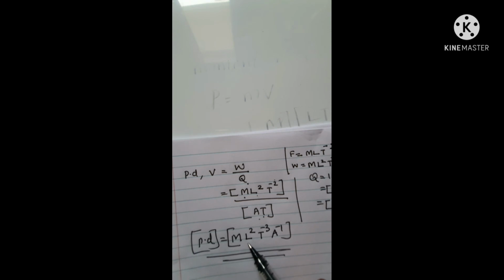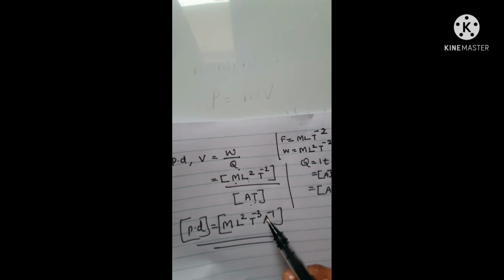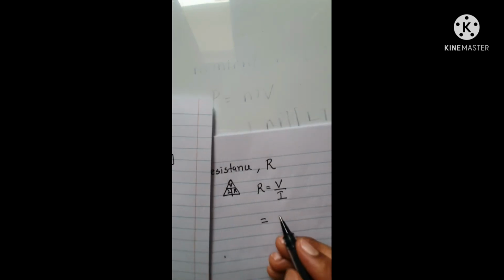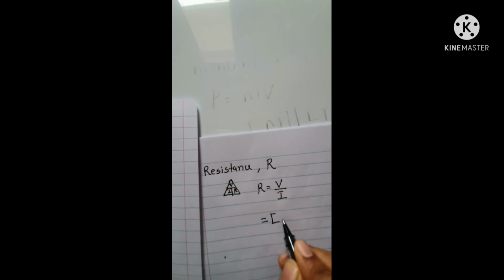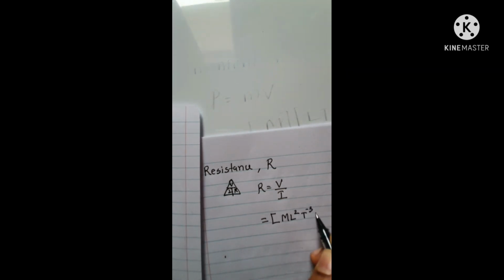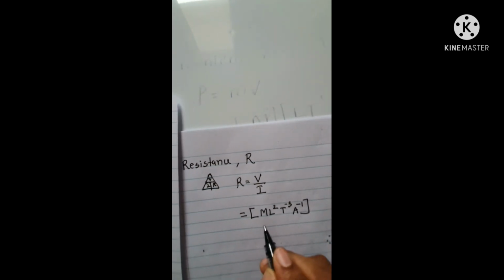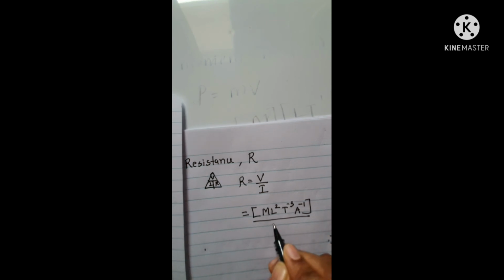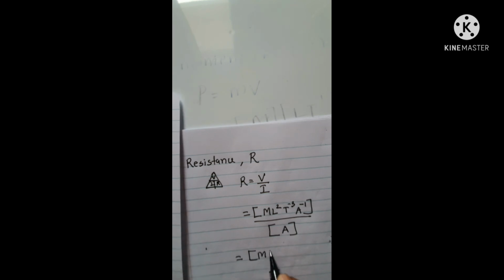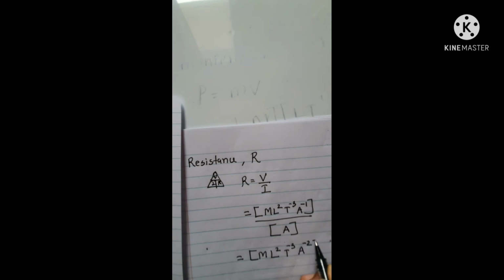So altogether we got ML²T⁻³A⁻¹. That we will write here for V, ML²T⁻³A⁻¹. So that is divided by I. I means what? Current, A. So it will be ML²T⁻³A⁻².